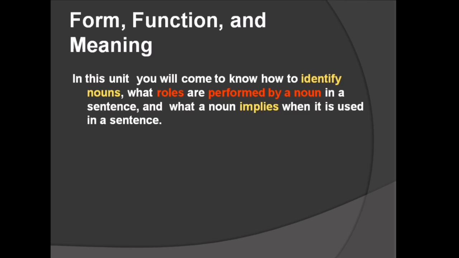All these things related to the noun will be dealt with during this presentation. So first of all, we are going to have a look at the form of a noun.